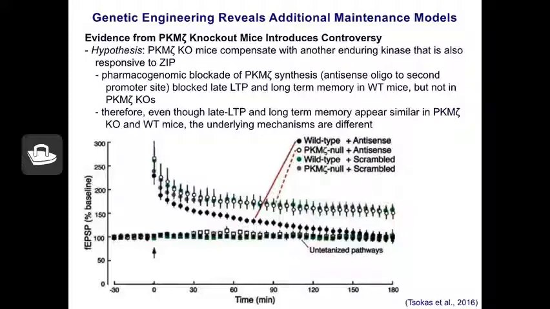So Tsoukas abandoned the pharmacological approach and examined the effect of an antisense oligonucleotide that was very specific for protein kinase M-zeta messenger RNA. Now, I think I've talked about antisense oligonucleotides before. We have a sequence of messenger RNA that is complementary to the messenger RNA in the tissue.